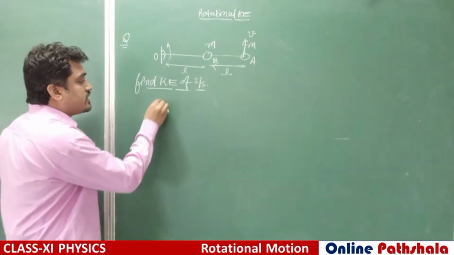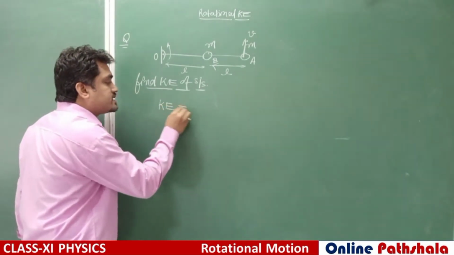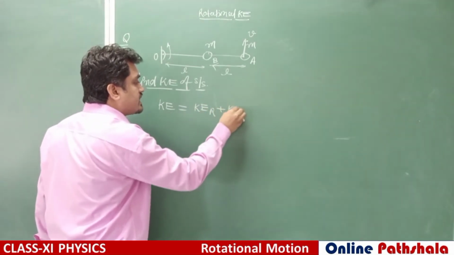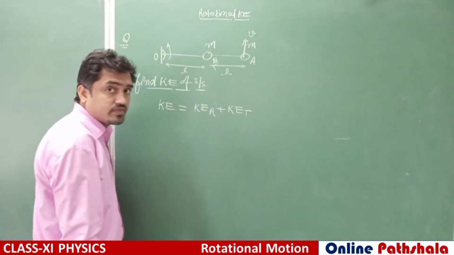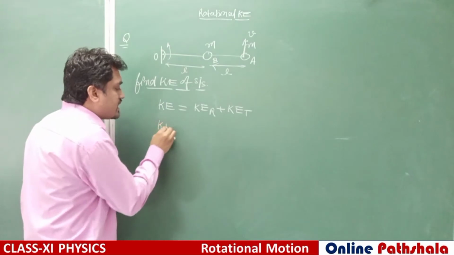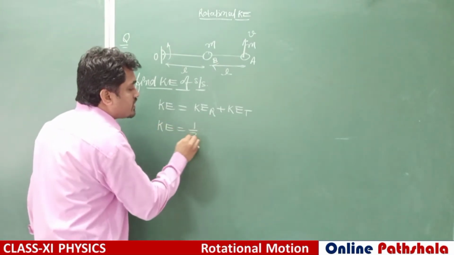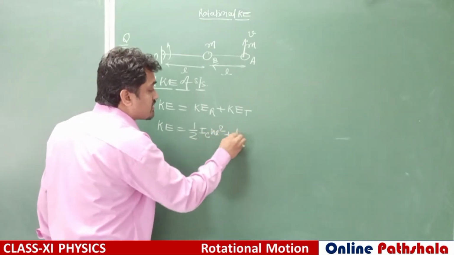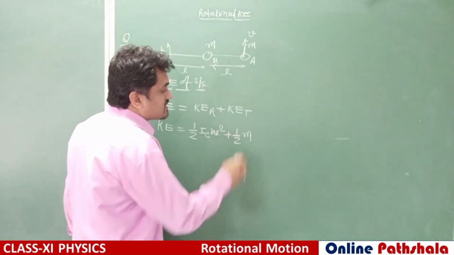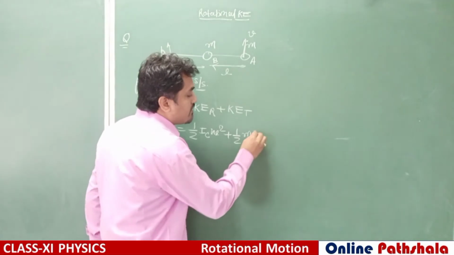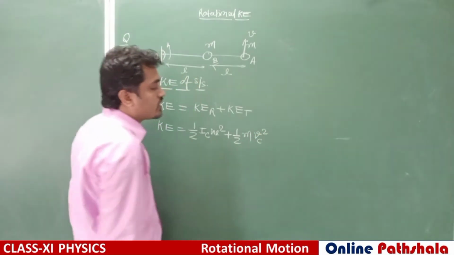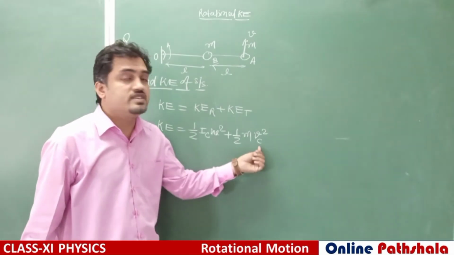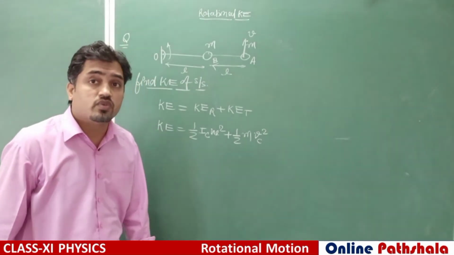You know very well the total kinetic energy is kinetic energy for rotational motion plus kinetic energy for translatory motion. So what is kinetic energy for rotational motion? 1 by 2 I about center of mass into omega square, plus 1 by 2. What is translatory kinetic energy? Half m v c square. So in this case, omega, Ic and Vc, all these three parameters we have to find.